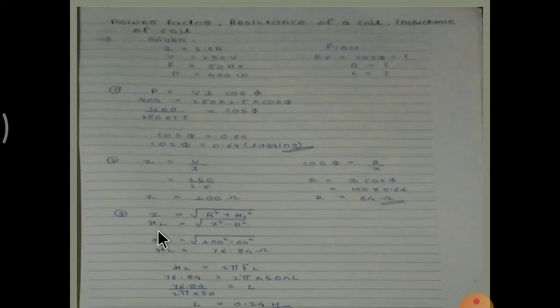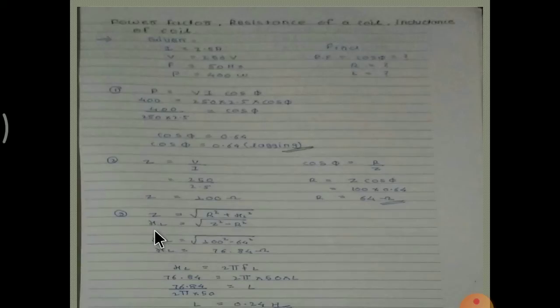After that, we can calculate the value of XL to find L. So Z is equal to under root R square plus XL square. We discussed this formula in the theoretical part of the RL series circuit.